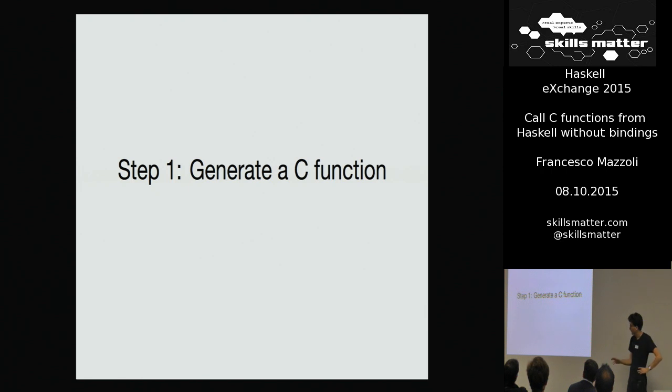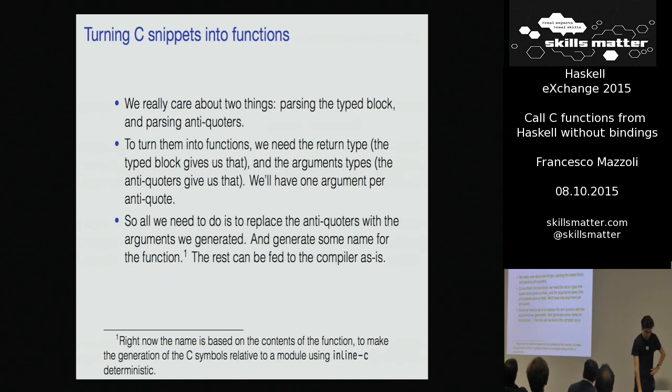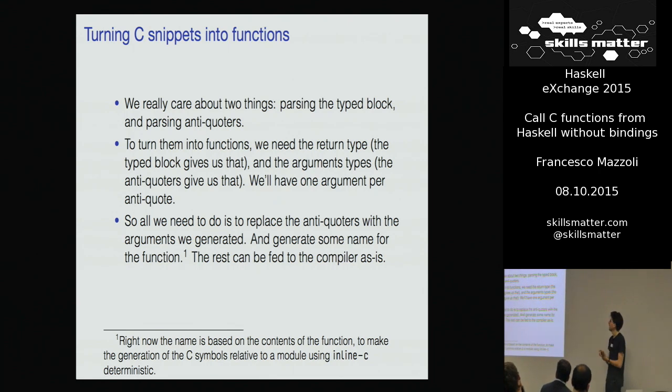So first step, we need to generate a C function for every C snippet. In these snippets, we care about two things, really. We care about the return type of this C block or C expression, and we care about the antiquoters. Everything else doesn't really matter to us. And in fact, we would like to leave it alone, right?